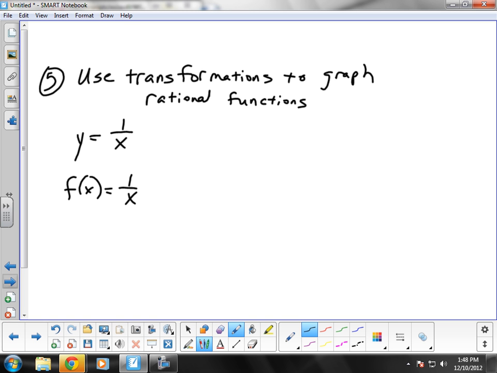So I just need to remind you what it looks like for us to be moving this thing around. If I want to have any kind of shift, then I'm going to have a over x minus h plus k. Where a does what?